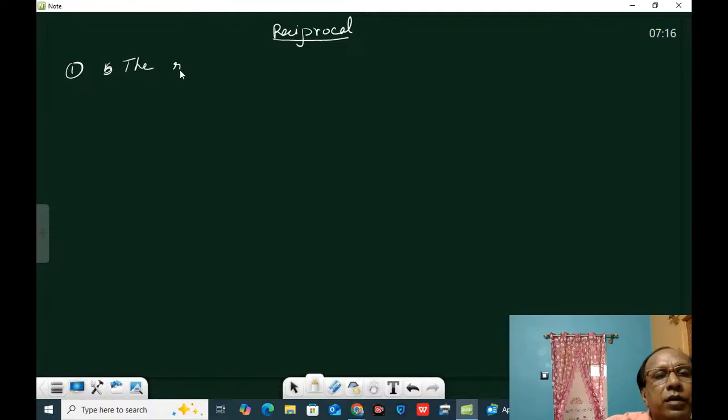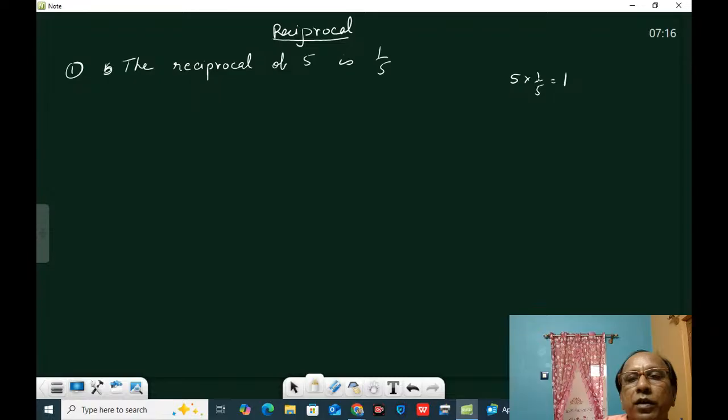The reciprocal of 5 is 1 by 5. The question is why? If you multiply 5 with 1 by 5, we will get the value 1. This one is the reciprocal of this one, right?